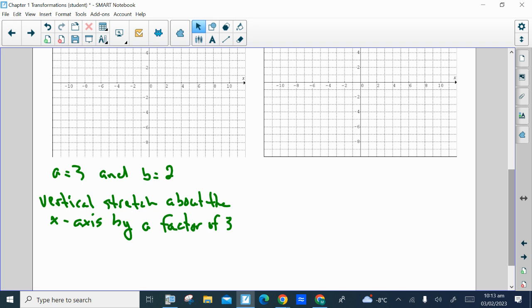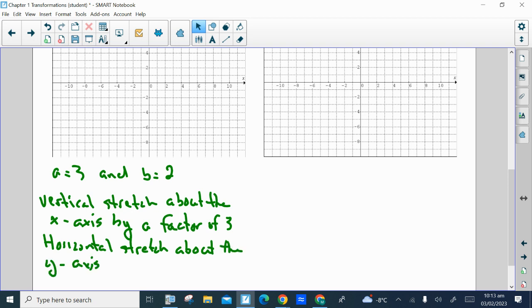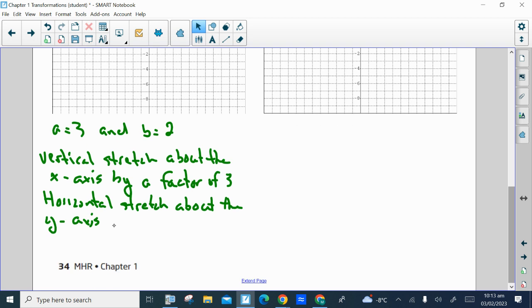And then a b value of 2 means a horizontal stretch. And the horizontal stretch is always about the y-axis. But remember, the stretch factor is always the reciprocal of b. So we're going to have a horizontal stretch by a factor of 1/2.